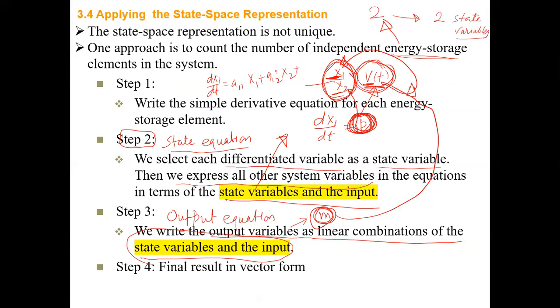If something is missing, it means your a12 is 0 or a11 is 0. It could be like that, okay? But you try to write in terms of x1, x2, and what is the other one? Input, right?